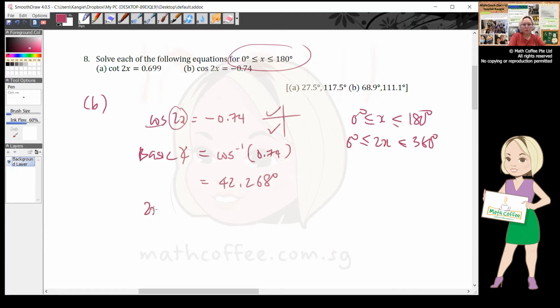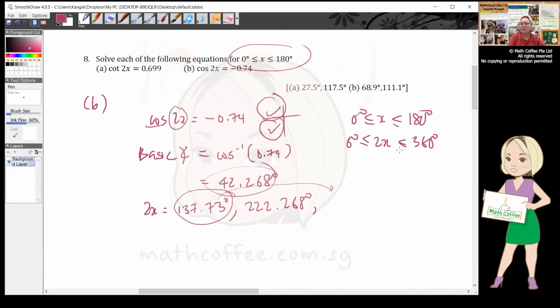So let's find our 2x, second quadrant. So it will be 180 minus this. I get 137.73. The third one will be 180 plus basic. So I get 222.268 degrees. Then again, let's check whether we need to go one more round. If I add 360, it definitely will be out of my working range.